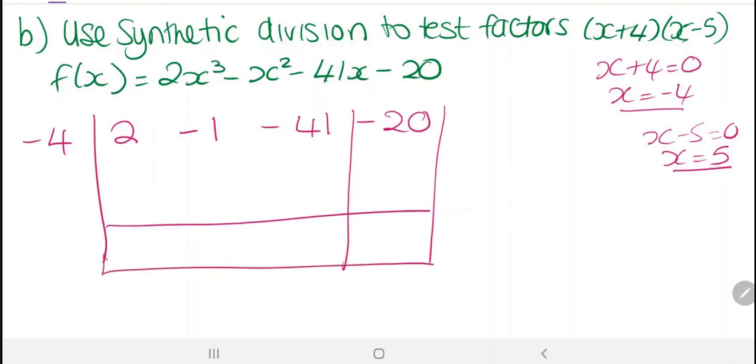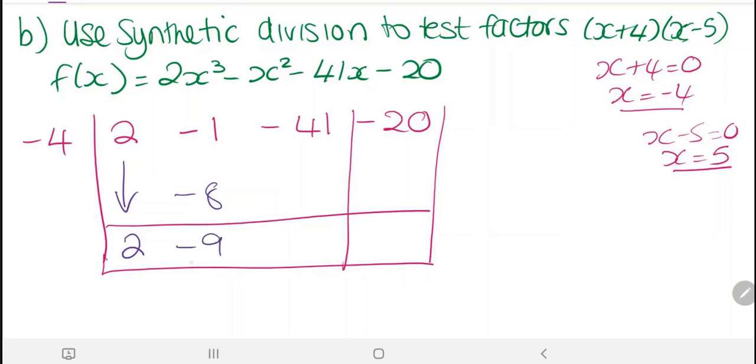So we're going to bring down the values. Bring down 2. 2 multiplied by minus 4 is minus 8. Minus 1 plus minus 8 is minus 9.